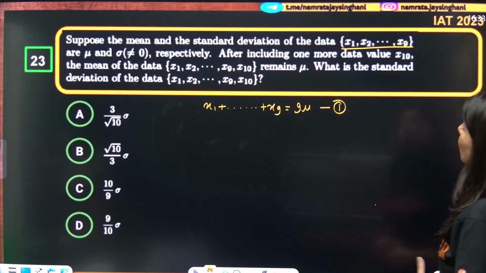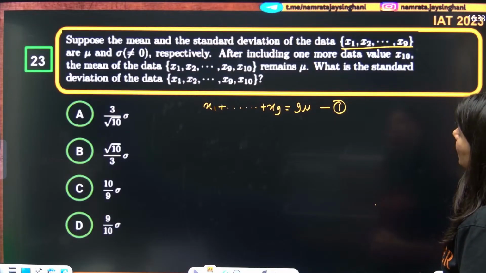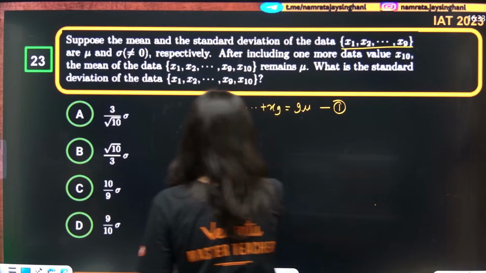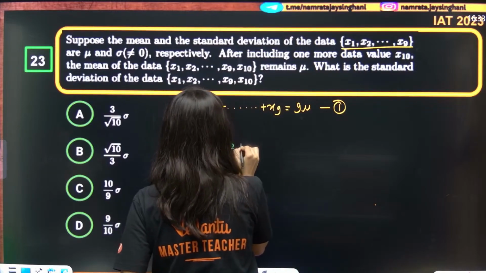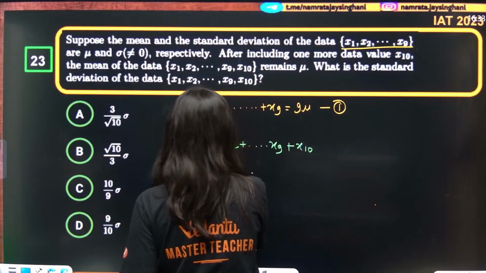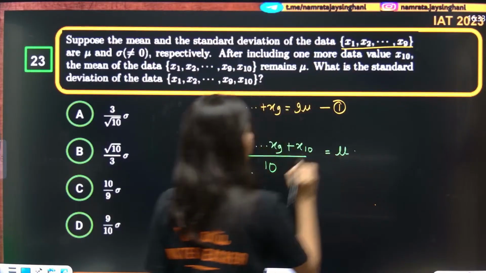After including one more data value x10, mu and sigma, correct? Now if you add x10, so x1 plus x2 and all the way up to x9, but this time you have added x10, upon 10, correct? The mean of the data remains mu only.